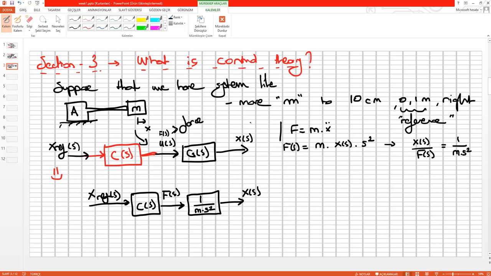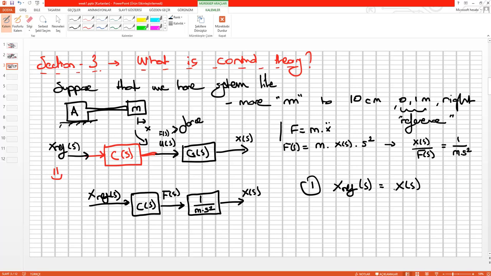So how can I equalize this system in order to control it? We have one condition: Xref(s) must be equal to X(s), right? This must be satisfied. Otherwise we cannot control the system. It's the basic rule, to equalize these two, xref and x, at the steady state, or at infinity time.